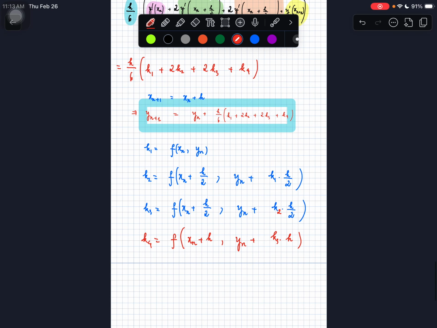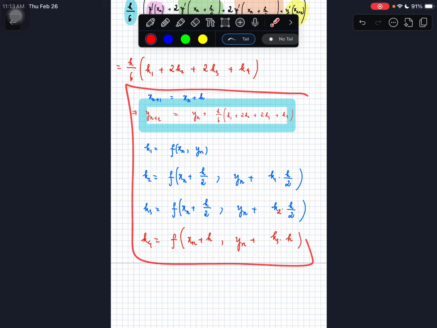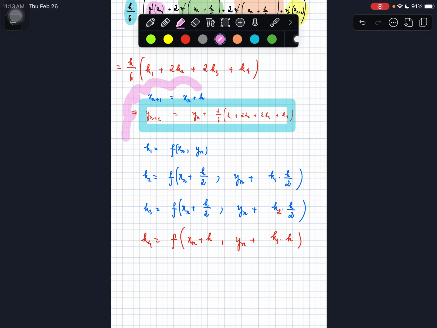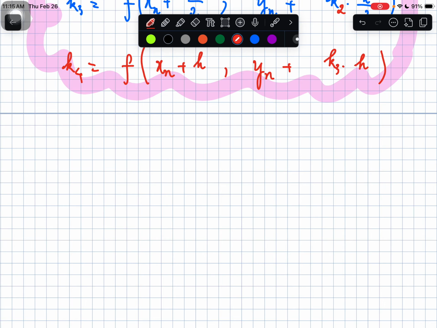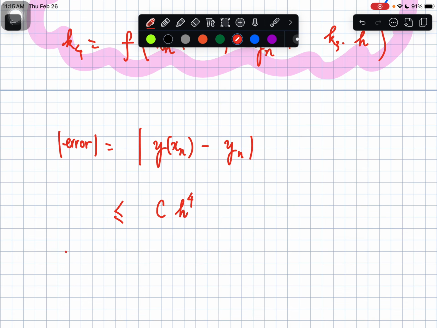So altogether, this is the formula for the Runge-Kutta method. For the error, the absolute value of the error, y xn minus yn, is bounded from above by a constant times h to the fourth for Runge-Kutta methods, RK4, fourth order Runge-Kutta.